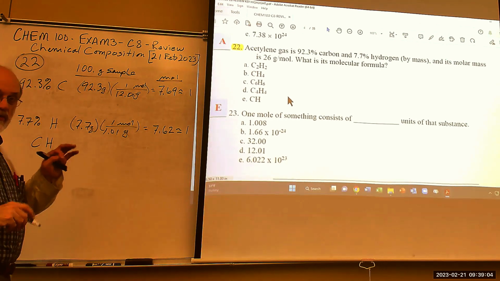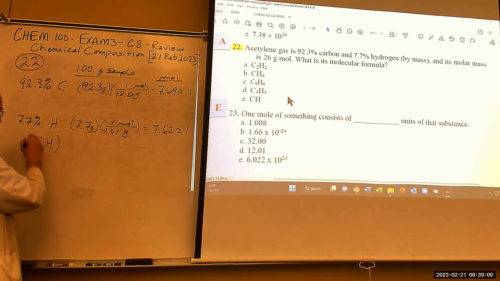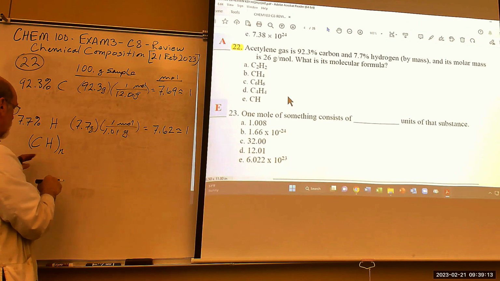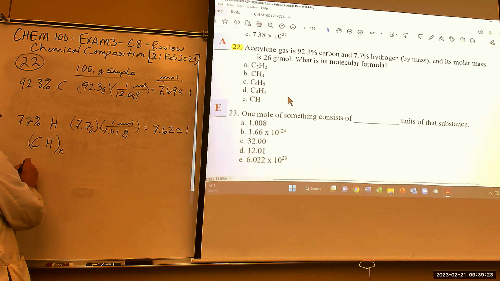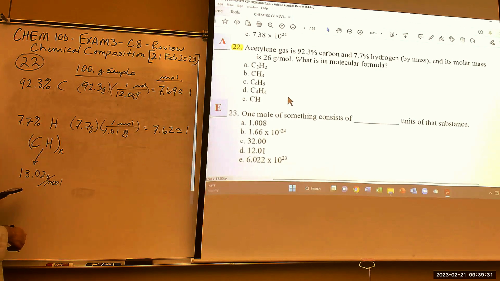Now we need to work toward the molecular formula, right? So we need our multiplier, whatever that value is. Well, the empirical weight of CH is 12.01 plus 1.01, which is 13.02 grams per mole of that formula.